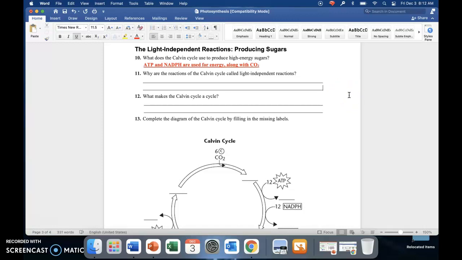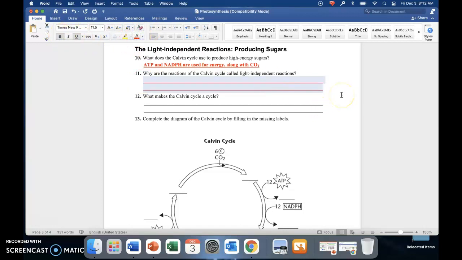Again, the ATP and the NADPH come from the light-dependent reactions and are needed for energy, and that energy is used to drive the Calvin cycle. And then we need that carbon dioxide because we need the carbon. Why are they called light-independent reactions? Because sunlight is not used here, is the obvious answer.